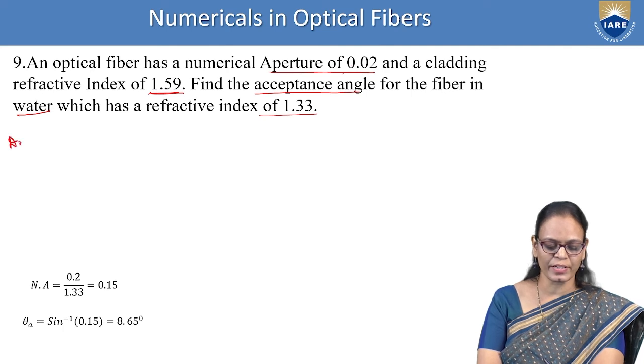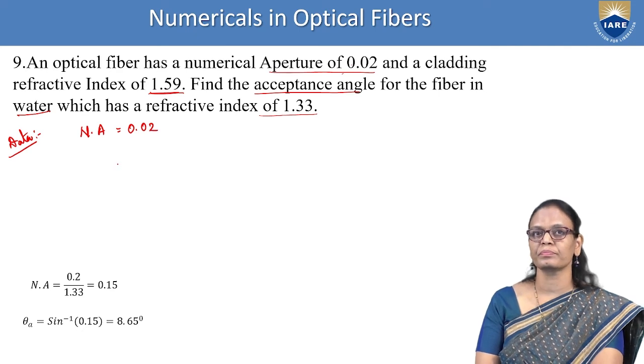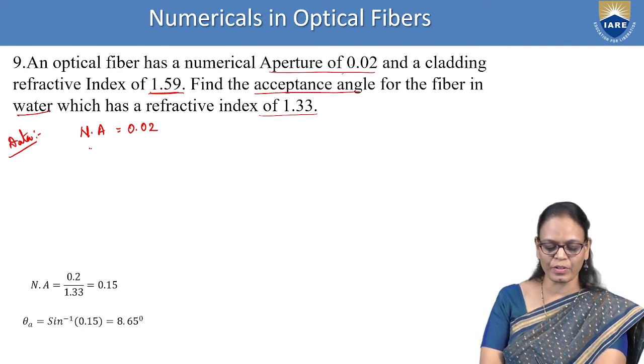So let us write the data. NA, the numerical aperture, is 0.02 and the refractive index of the cladding is 1.59. This is for the clad.